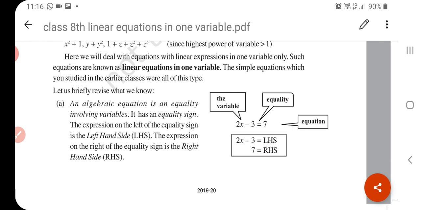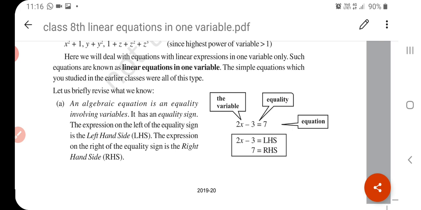Equations that we studied in class 6 and 7 had just a number on one side of the equation. Okay, what type of equations did we study in 6 and 7? 2x minus 3 is equal to 7, meaning on the other side there is only a number. If we talk about LHS, then in LHS there is the variable and in RHS what is there? Only a constant, only a number.